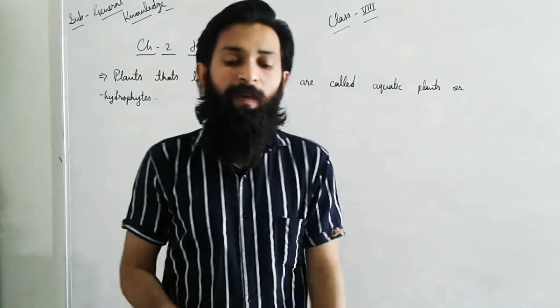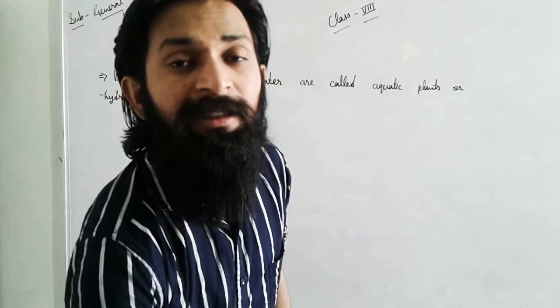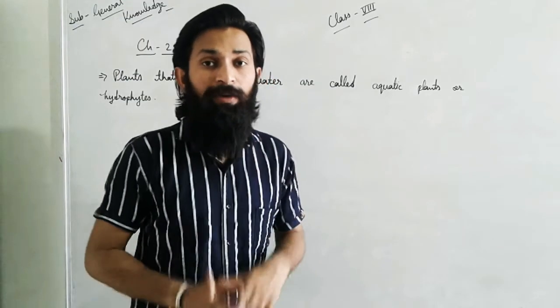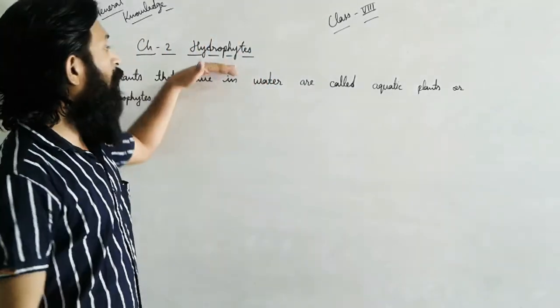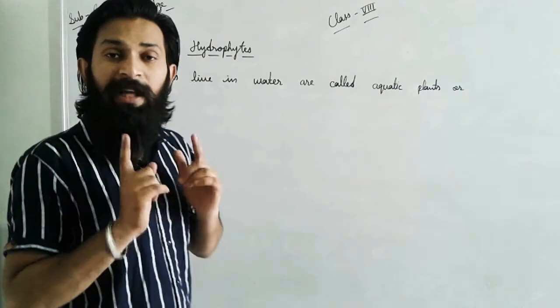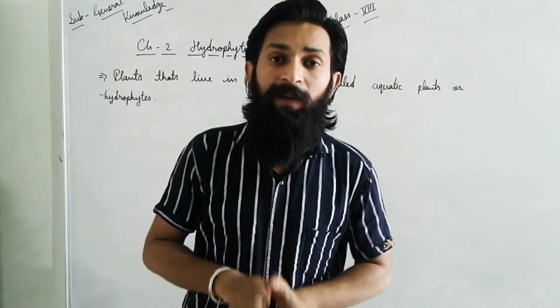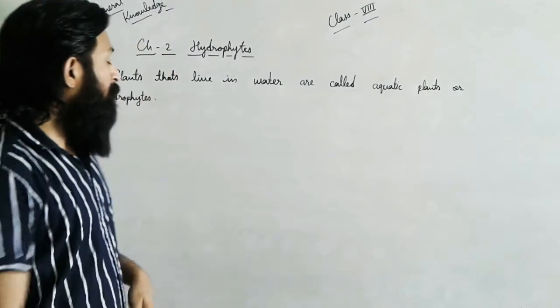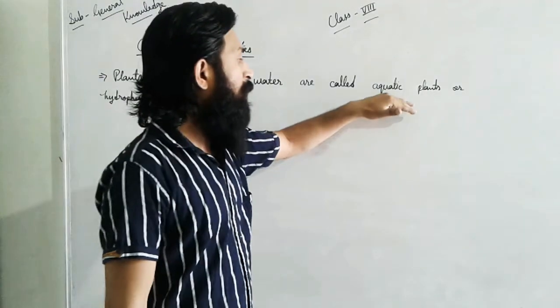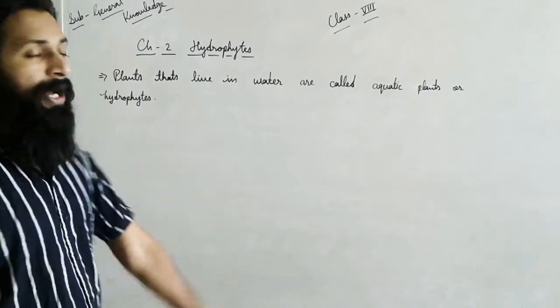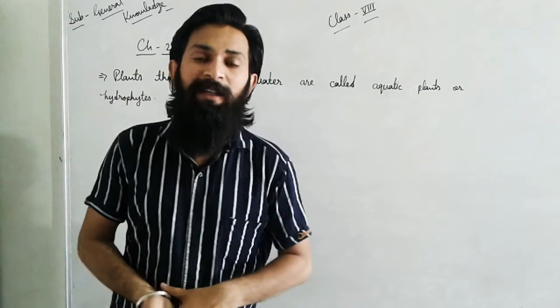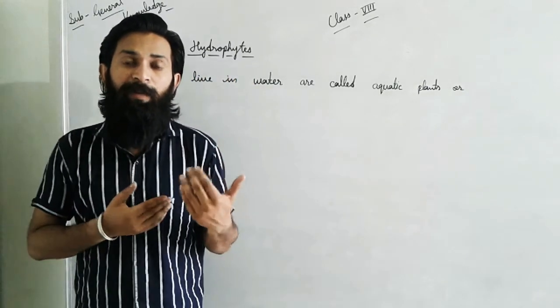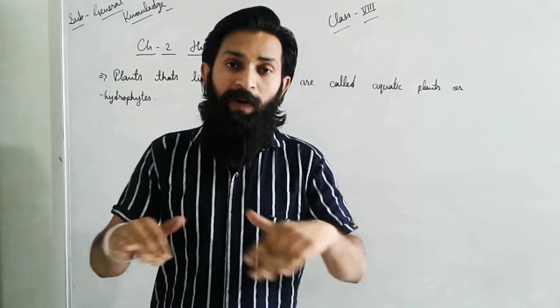Dear students, I hope you understand this chapter. In this chapter, the one thing we have to know is what is meant by hydrophytes. Hydrophytes are plants that spend their whole life in a water body, so we call them aquatic plants or hydrophytes. Such plants live floating on the water surface.